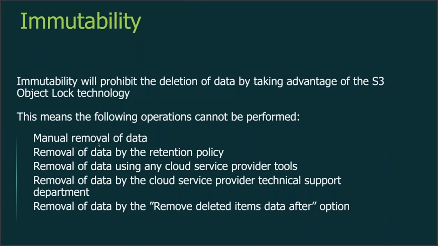If anything, it would have to go through tech support, and it would have to be a really good reason. The whole point is that the data can only be removed once it has expired, based on the period of time that you set up from the get-go.